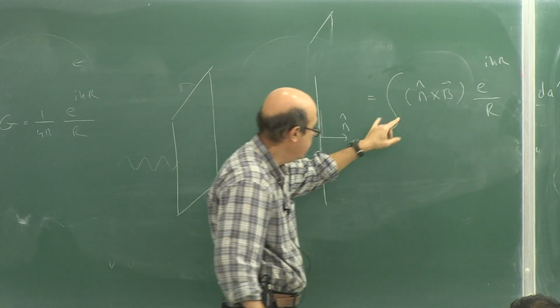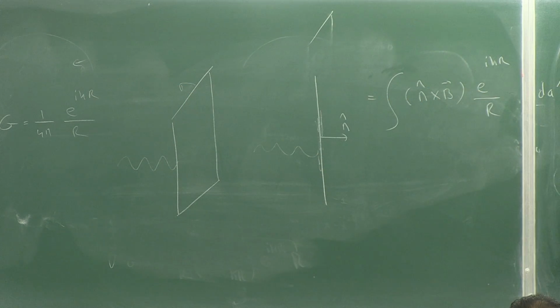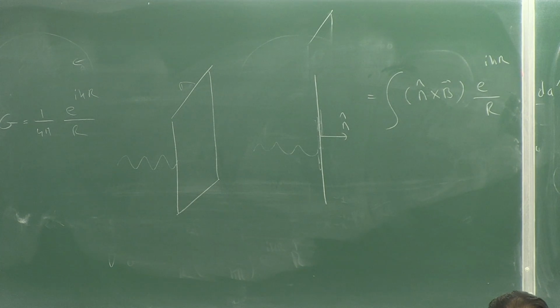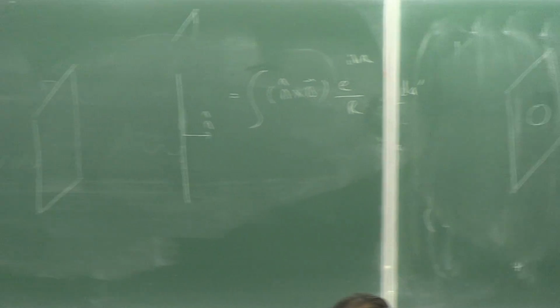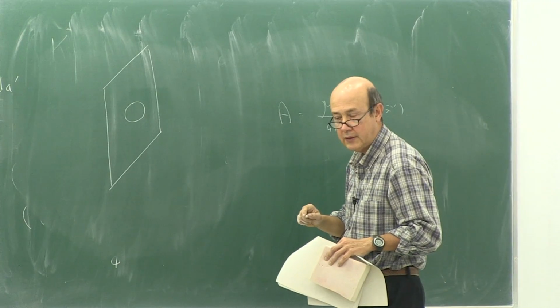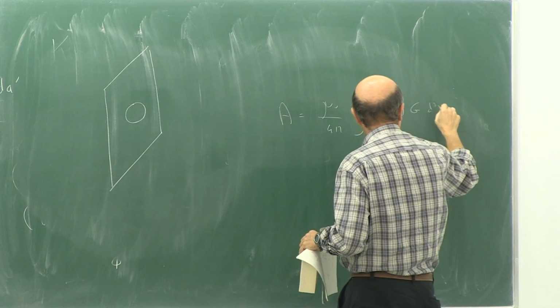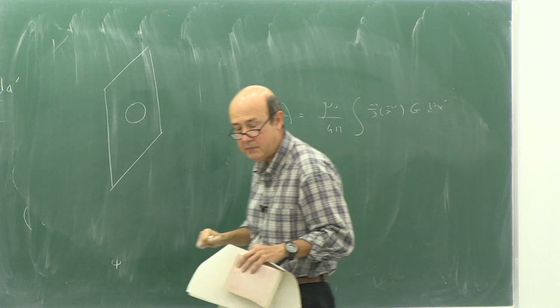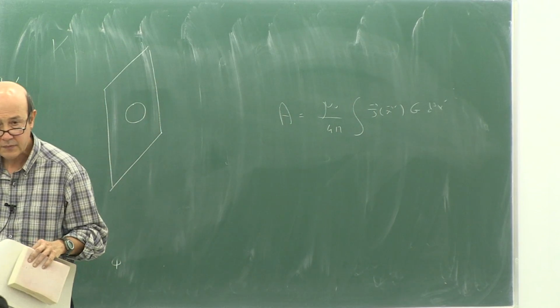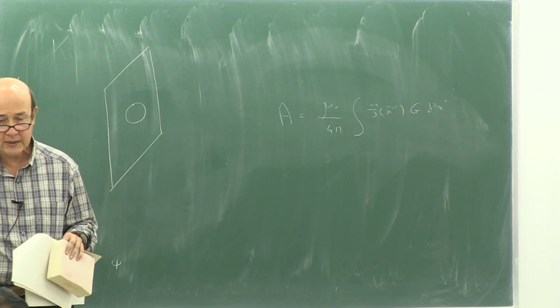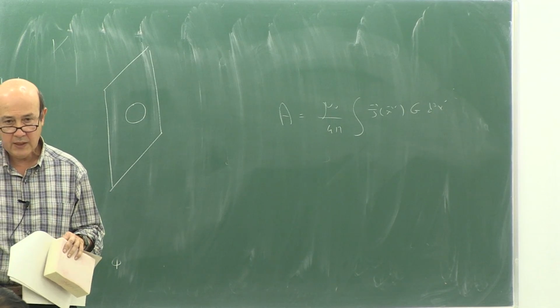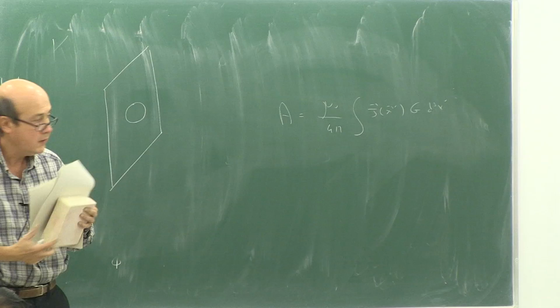So remember the definition of the vector potential. What is the vector potential? Mu 0 over 4 pi, current density times what? The Green's function itself, integrated through the volume. If you remember the Lorentz condition, what is the Green's function? e to the ik|x minus x prime| divided by |x minus x prime|.